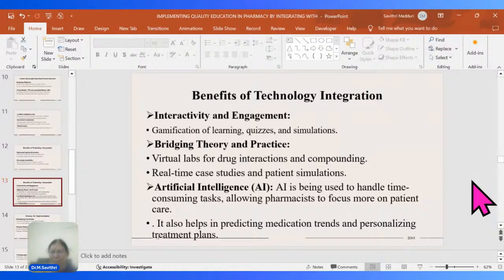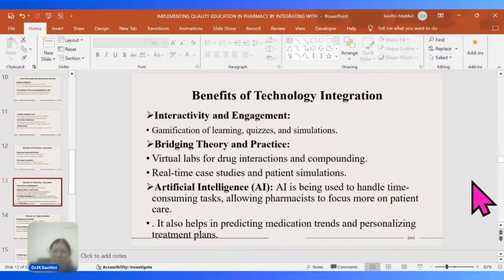Coming to drug interactions, in pharmacology or in therapeutics, we always talk about drug interactions and the different types of classification of drug interaction. If you show the drug interactions literally in a virtual lab, they will feel it. Then they will know the importance of drug interactions. Otherwise, they do not take much importance, because they study it only as part of the exam.